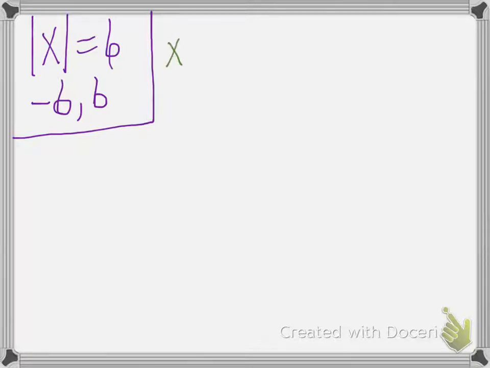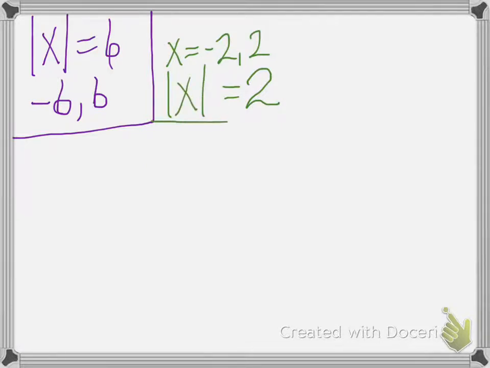If x was equal to -2 and 2, what would my equation be? Well, I know that if I take the absolute value of 2, it would be 2. If I took the absolute value of -2, it would also be 2. So then my answer is 2. And I'm just finding the absolute value of x, right?